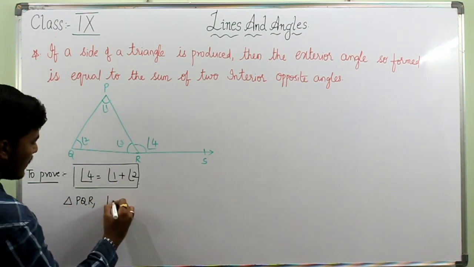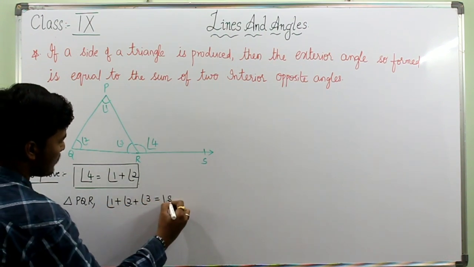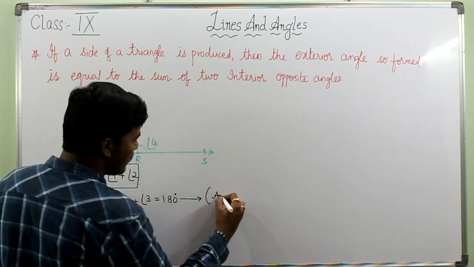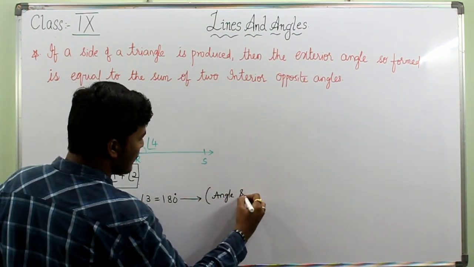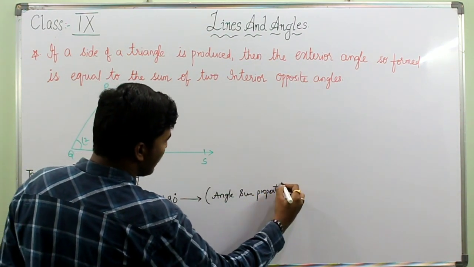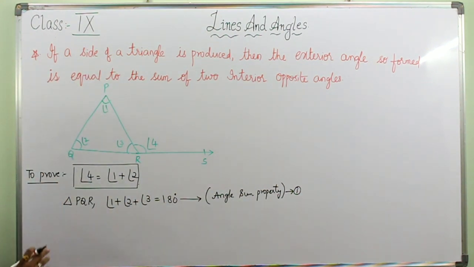In it, angle 1 plus angle 2 plus angle 3 equals 180 degrees. The reason is the angle sum property, because the sum of the angles in a triangle is 180. Just now we proved it. That is the first case.